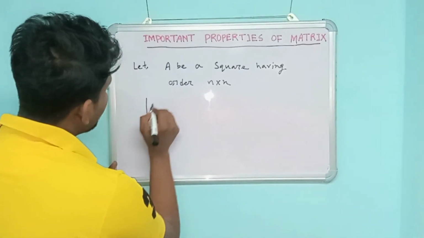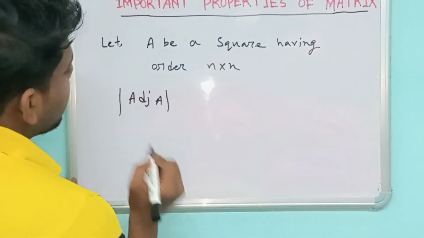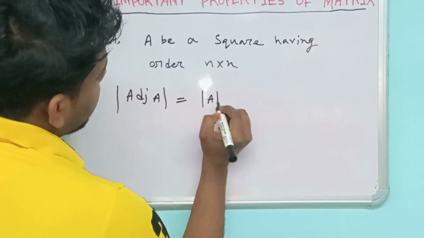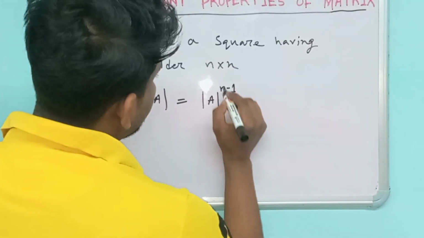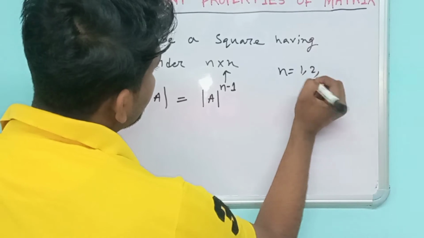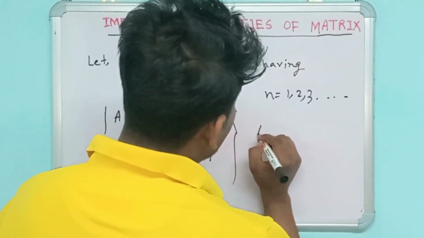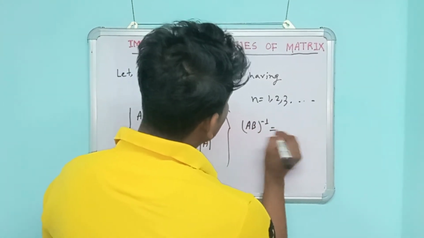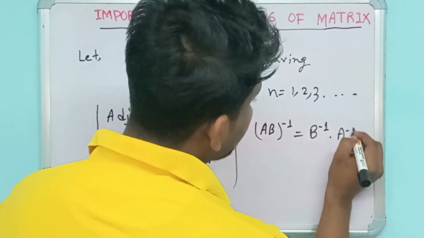Next, mod of adjoint of A equal to mod of A to the power n minus 1, where n means this n, so n equal to 1, 2, 3 and so on. A dot B whole inverse equal to B inverse dot A inverse.